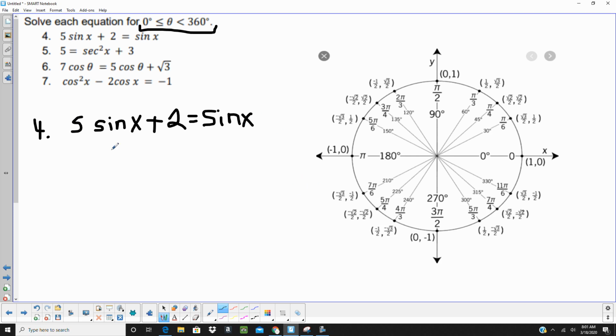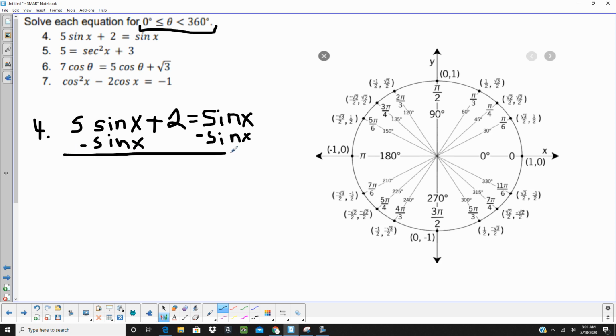All right, first thing I notice on this, I only have really one trig function. It's a sine. So I'm going to solve for that sine. Here, I'm going to subtract sine x from both sides, and you can think of that as 1 sine x.